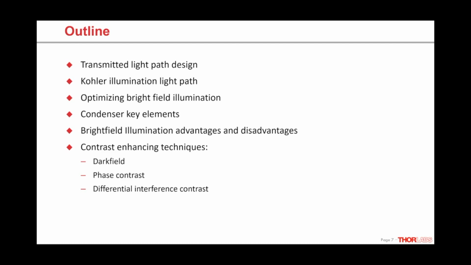We will then talk about the key element of transmitted light, which is the condenser, and the key specs of that element. We'll then talk about Brightfield illumination advantages and limitations, and then focus in the last part of the talk on several contrast enhancing techniques, including Darkfield, phase contrast, and differential interference contrast.